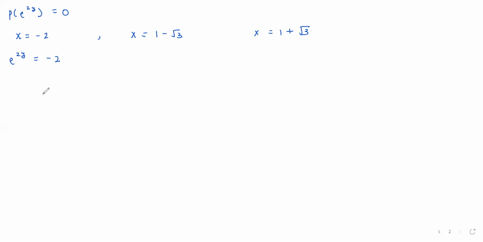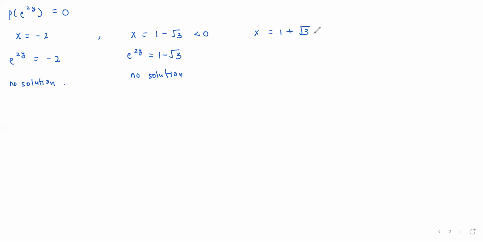So e to anything cannot be negative. Then in that case, this has no solution. 1 minus root 3 is less than 0. So if e to the 2y is 1 minus root 3, but since 1 minus root 3 is negative, and e to the 2y can never be negative, then this will not give us a solution as well.